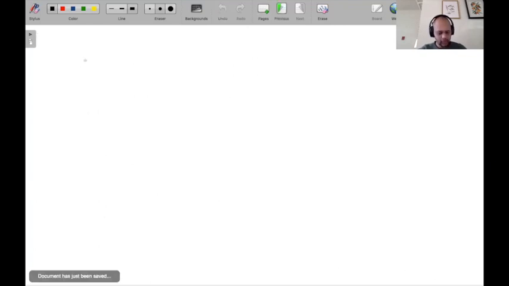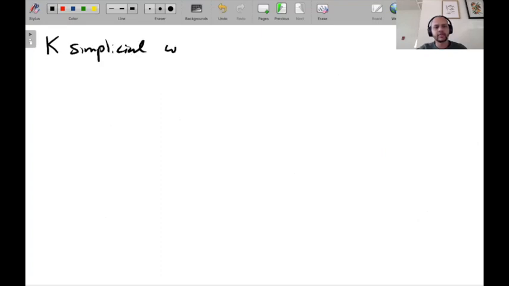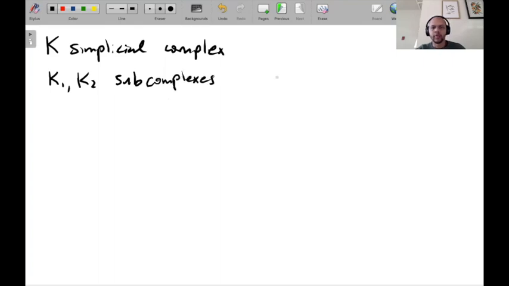So let's start with K, a simplicial complex. And K1 and K2 are subcomplexes. So I guess I haven't said what this means exactly.